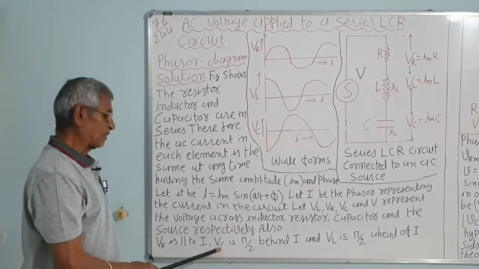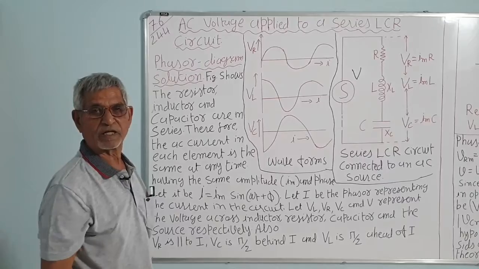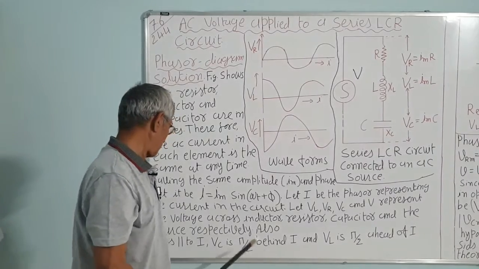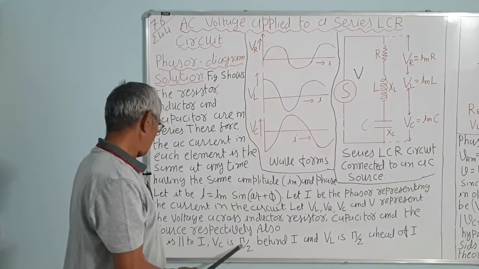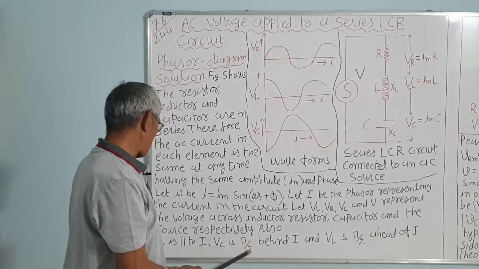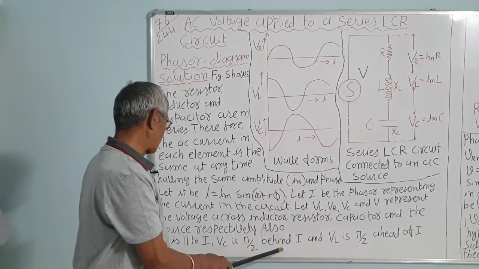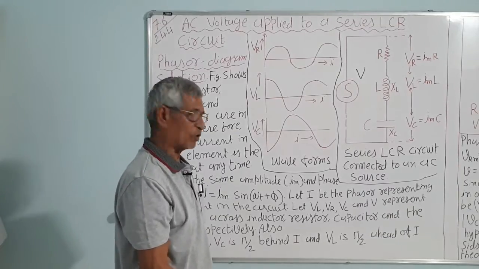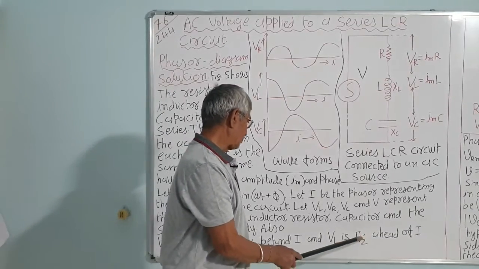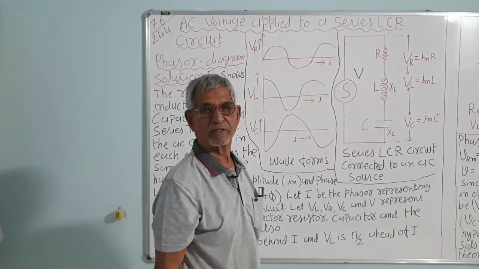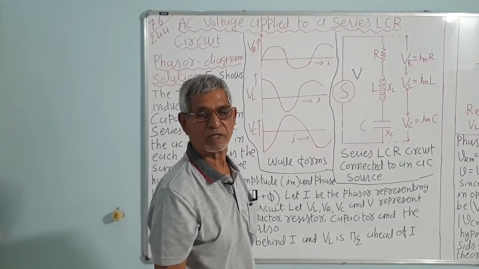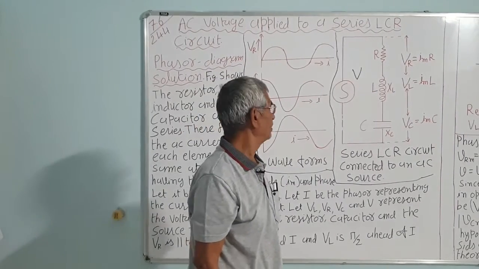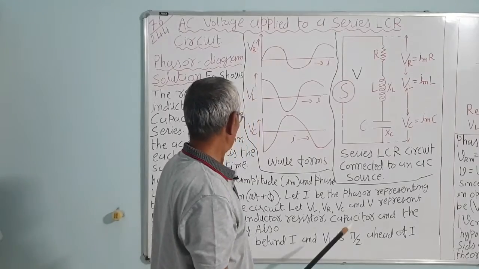In the capacitor, the current is ahead of the voltage, that is, the voltage in the capacitor is pi by 2 behind the current, or the current is ahead. You can say it both ways. And VL is pi by 2 ahead of I. In the inductor, the voltage is ahead of the current, or the current is lagging behind the voltage.